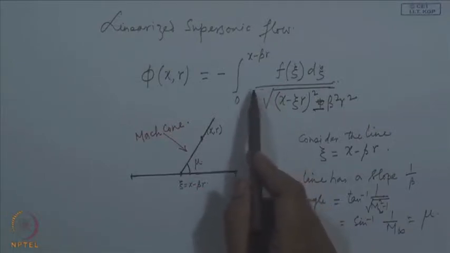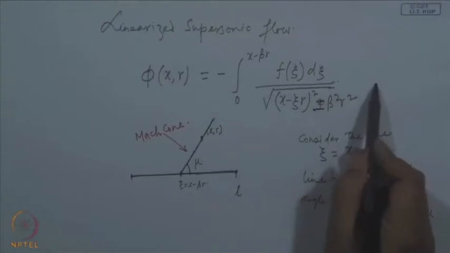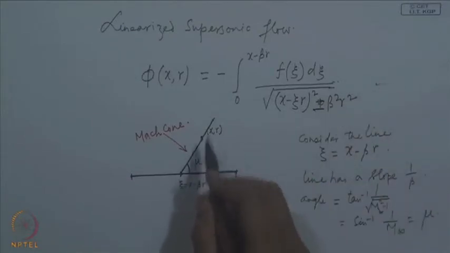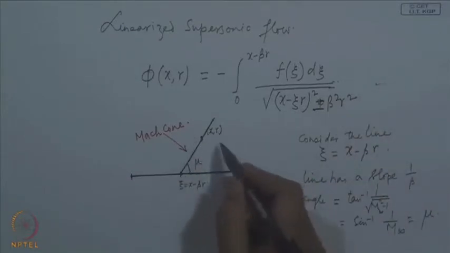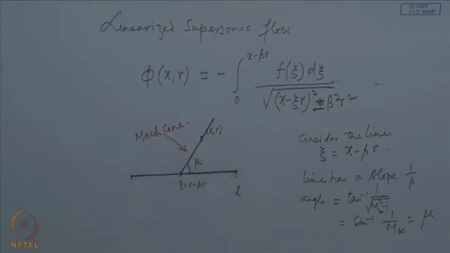So, this solution has the interpretation that the source distribution has no influence ahead of its Mach cone.